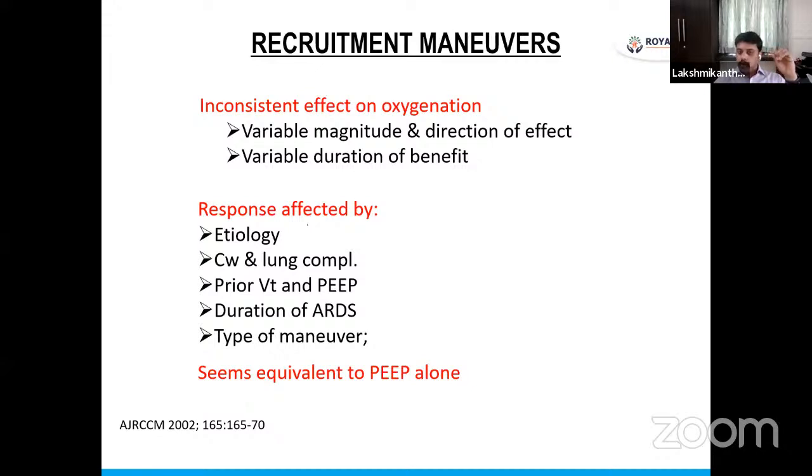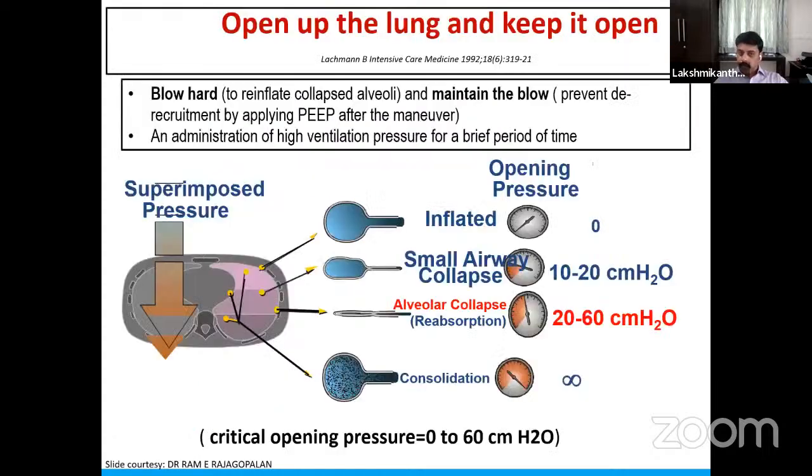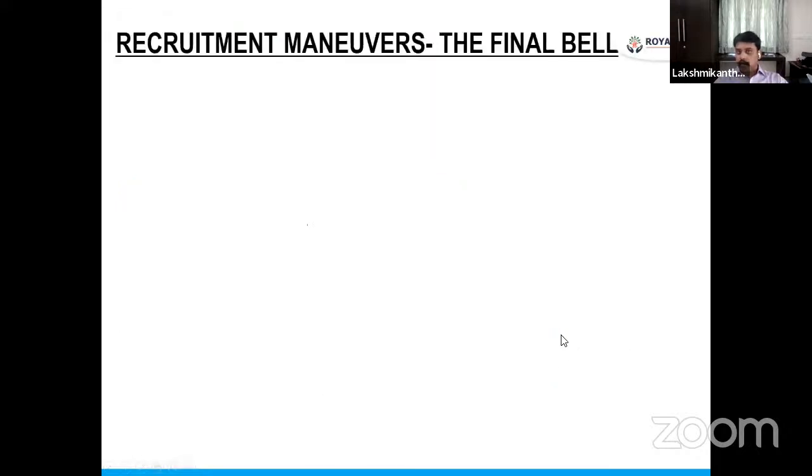It was also found that it is almost equivalent to PEEP alone. Whether you give PEEP alone or you do a recruitment maneuver with the PEEP, the difference is not going to be a major one. So how much to inflate it? Based on the different things, you can inflate it up to 60 centimeters of water.